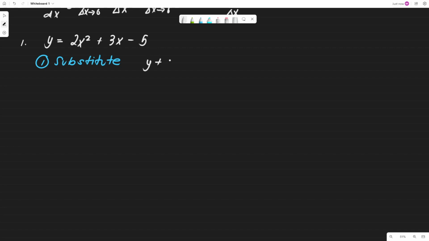So we have y plus delta y is equal to 2 times x plus delta x quantity squared. Remember guys, hindi may iiwan kay x yung squared ha. Kailangan buo yung magiging squared natin. Then plus 3 times x plus delta x minus 5.